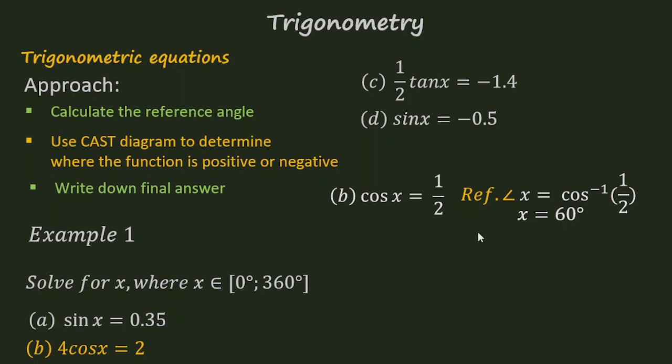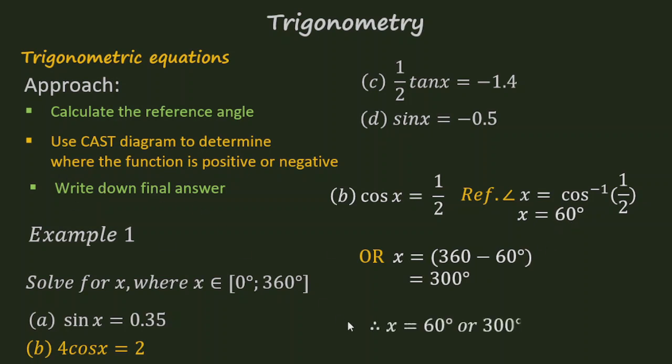Now we can find the solution in the fourth quadrant using 360 degrees minus theta, which is 360 degrees minus the reference angle, which is 300. Then we can write the final solution as x equals 60 degrees or 300 degrees. You must take note that it is not always the case that the reference angle forms part of the solution.